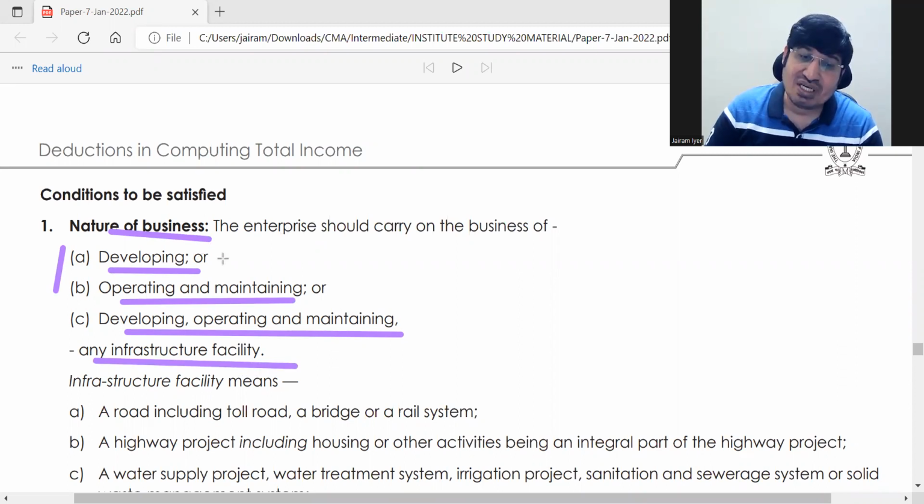A company which has developed this facility, or some other company has developed it and has transferred it to this company for operating and maintaining. Or third, the company has developed it and is itself operating or maintaining it as well. ये तीन चीज हो सकता है.